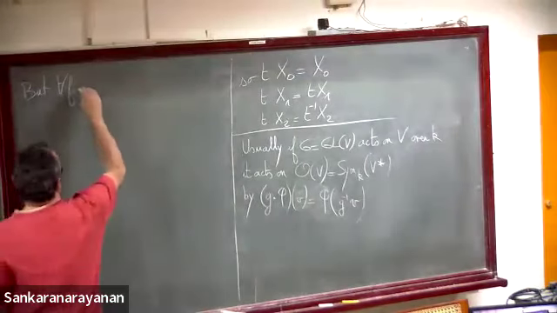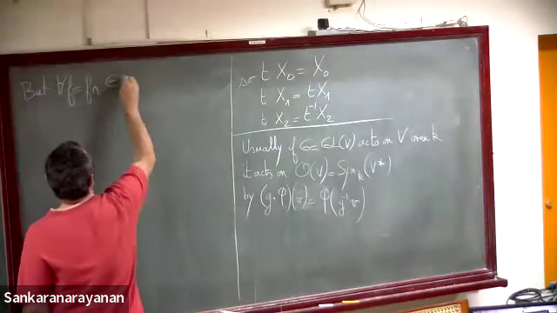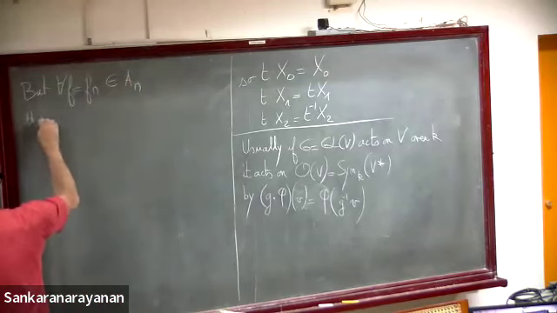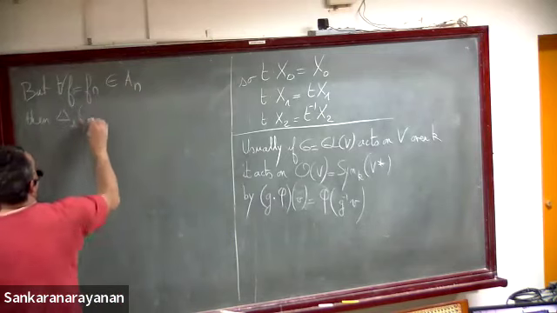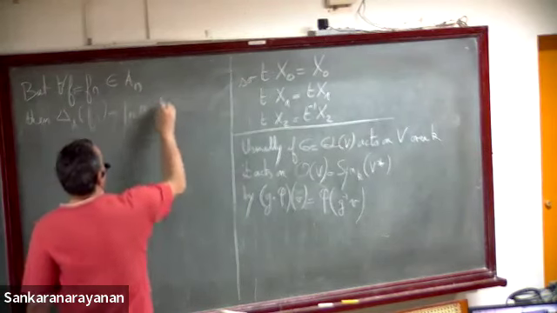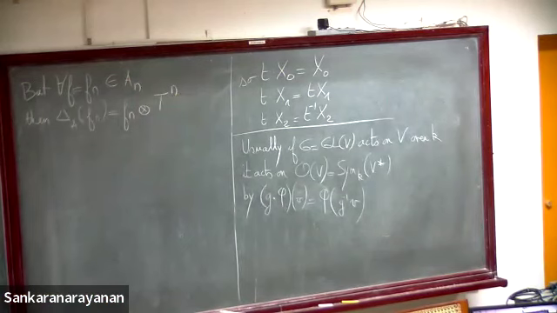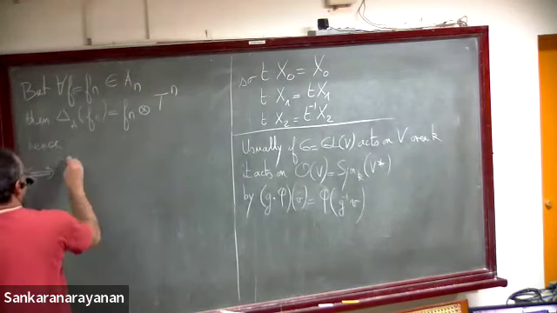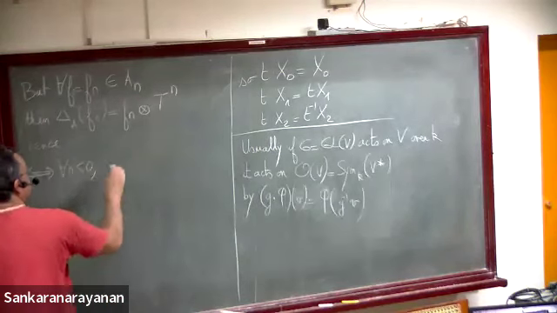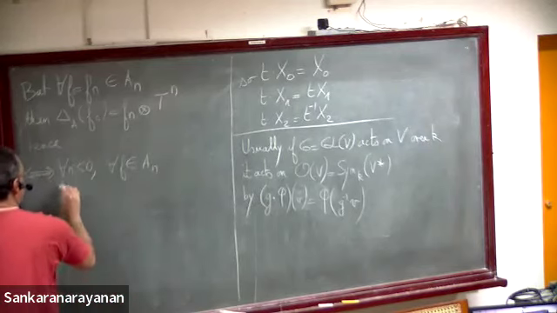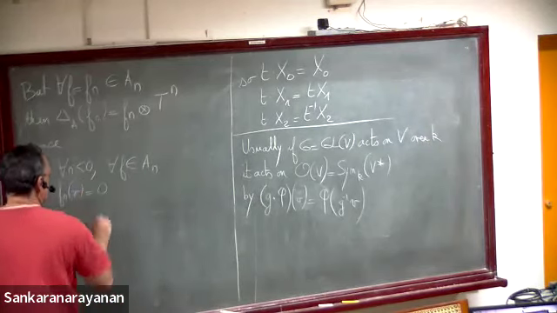For any F, if we pick some F which is already in the graded part of degree n, then the coaction is just Fn tensor Tn. And so the condition is that for any n strictly negative, and for any F in An, Fn de V is equal to 0.